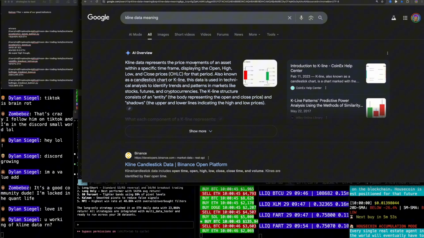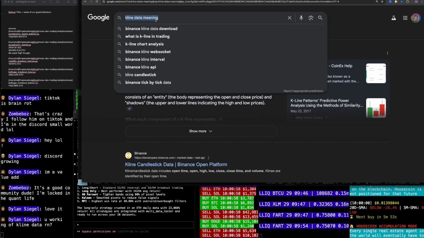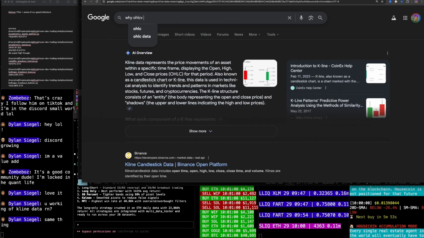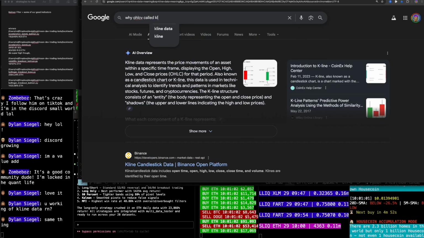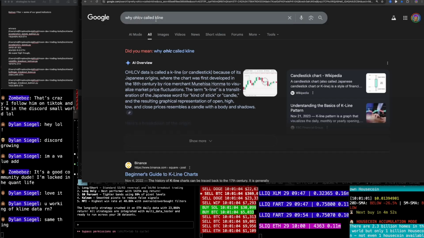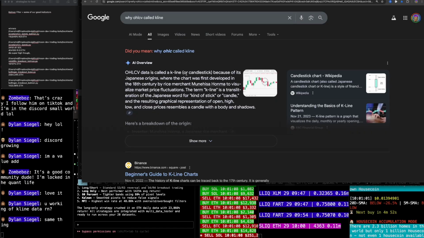K line represents the price movements of an asset, displaying open, high, low, close, volume. But why is it called K line? Also known as candlestick or K line. It's called that because of its Japanese origins.